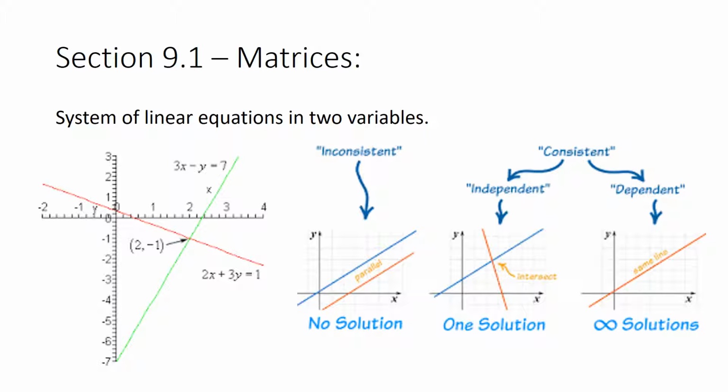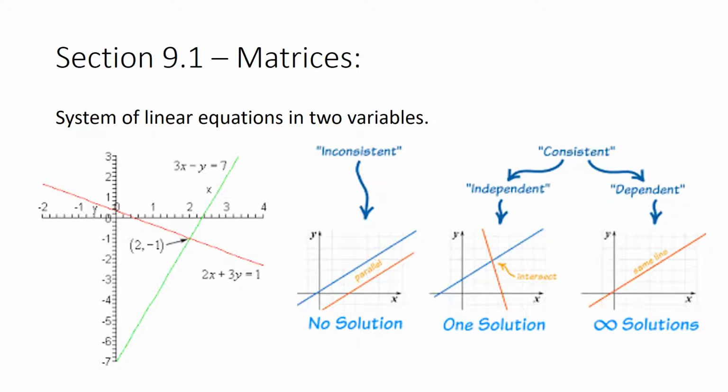Now, if you do have an x and y value that satisfies both equations, then that's a consistent system of linear equations. That means that they do have a solution. If the 2 lines intersect in one place, that's called an independent, consistent system because there's one solution. If the 2 equations graph the same line, then all along this line you have x and y values that satisfy both equations.